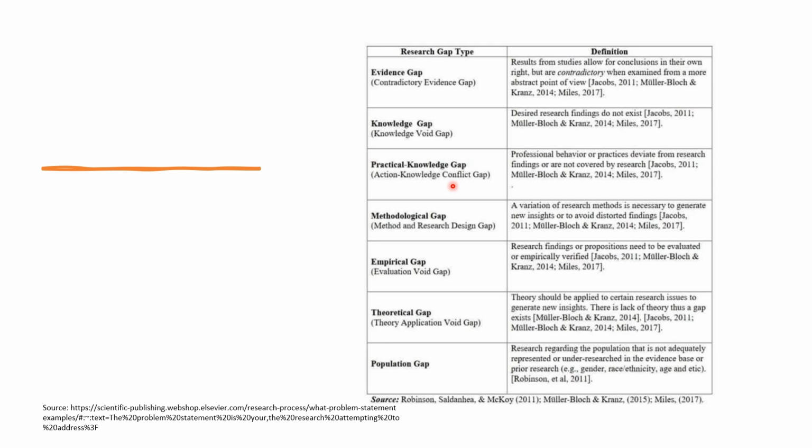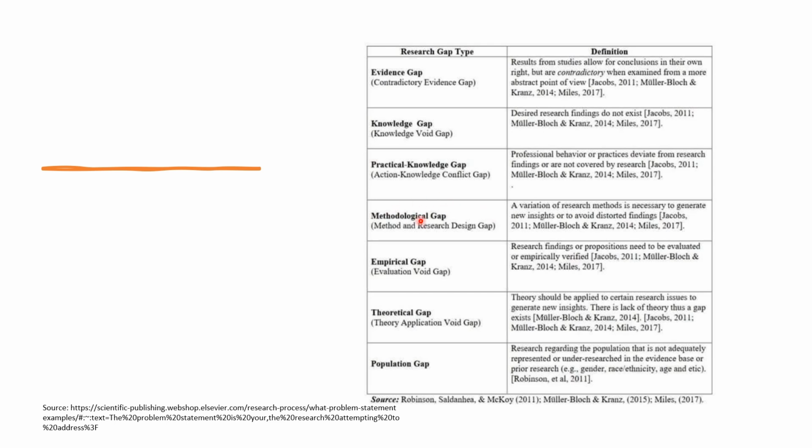And there could be a gap based on the way that previous researchers did their research or their data gathering. This gives us what we call the methodological gap, which gives us an opportunity to do further research if we can justify that there is a necessity to generate new insights, since there are distorted findings because of this methodological gap.